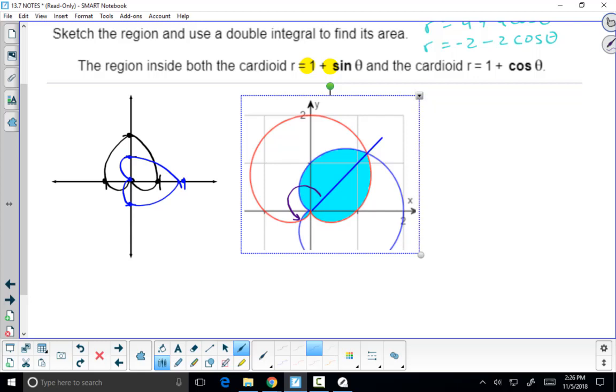If I was doing this from scratch, I would first find this area there and double it, and then come down here and go from pi to 5 pi over 4. Yeah, 5 pi over 4.